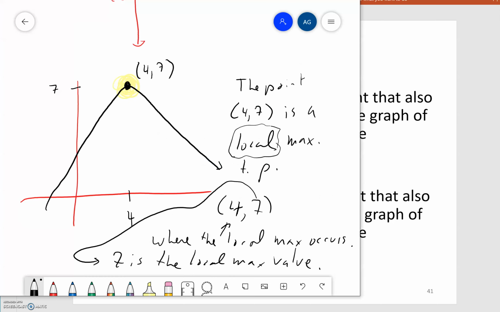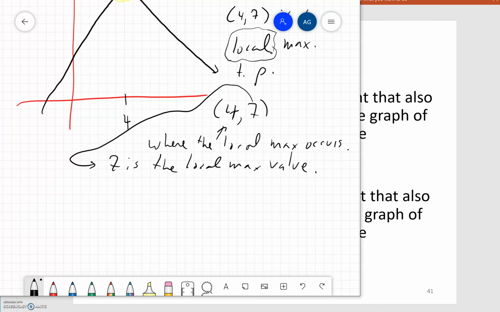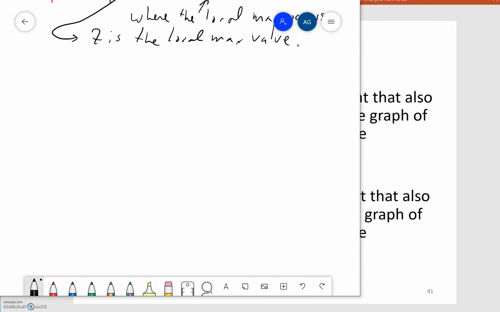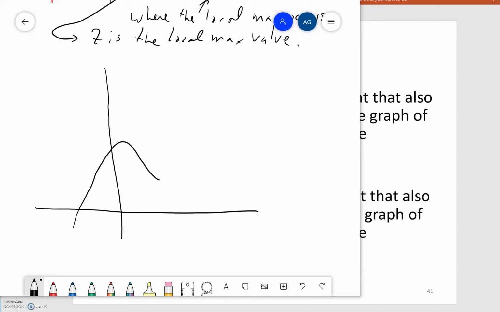So for an example, take a look at this graph. I have a turning point right here. I also have a turning point here and a turning point here.